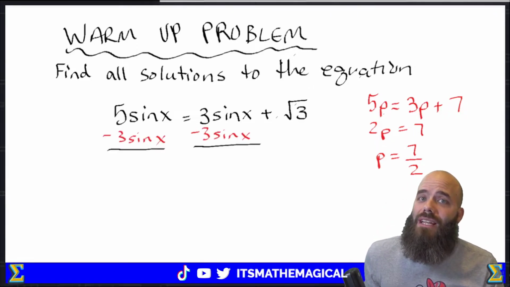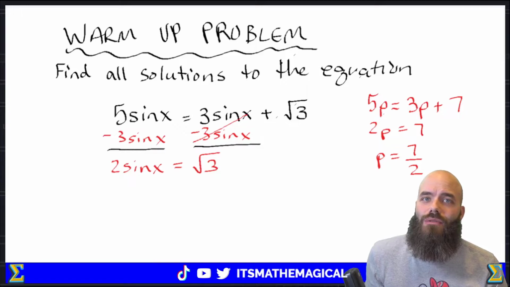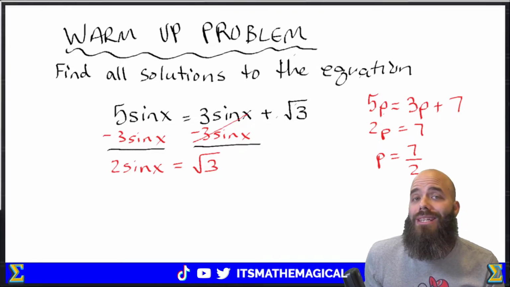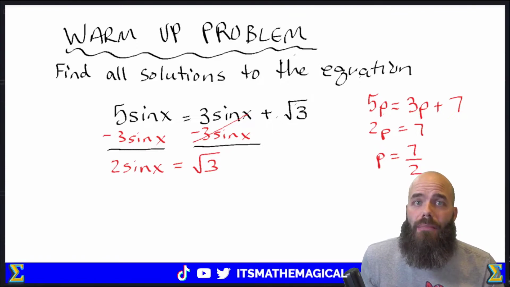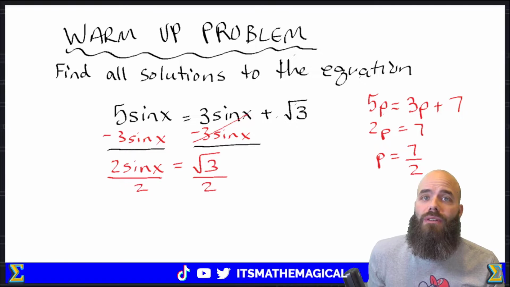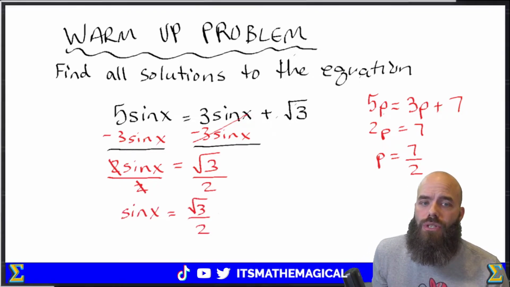So what's 5 sine x minus 3 sine x? Well, that's 2 sine x. And so we'd be left with 2 sine x is equal to the square root of 3. We want to get sine x isolated, by itself. It's being multiplied by 2, so we're going to divide by 2. When we divide by 2, we'll be left with sine x is equal to the square root of 3 over 2.